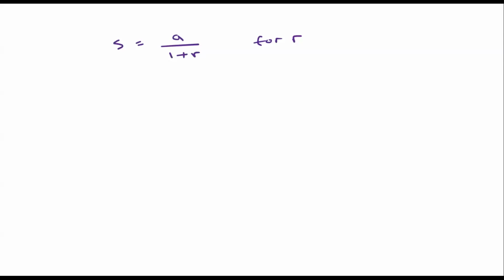Okay, so I'm actually going to show you two ways to do this. One way is what we've been doing. So again, our LCD in this case is 1 plus r. So this would be method 1. Okay, so I'm going to multiply both sides by 1 plus r.